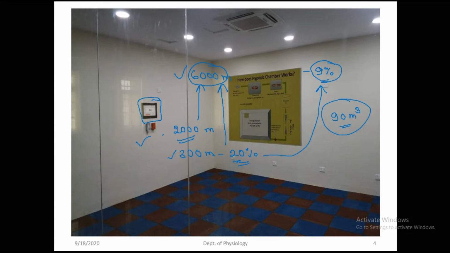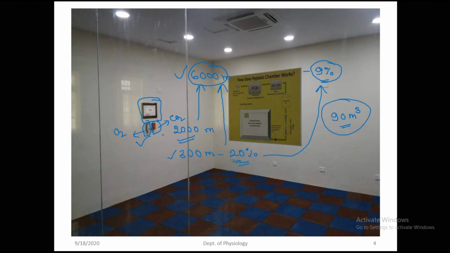We have small gadgets here. This gadget is an oxygen sensor, which senses the oxygen concentration inside the room. This sensor is a carbon dioxide sensor, which senses the presence of carbon dioxide even at parts per million.